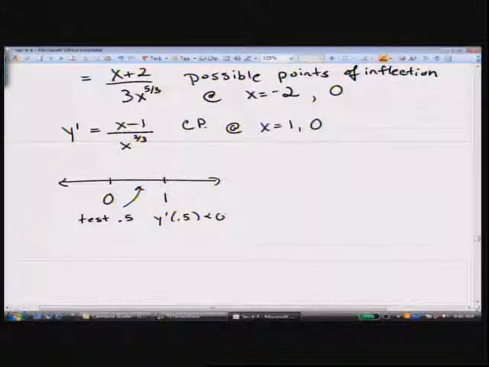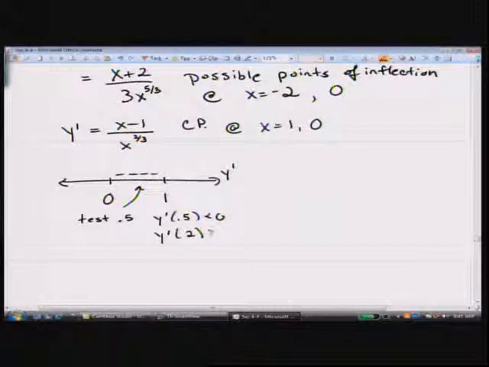It'll be negative because it'll be 0.5 minus 1. And 0.5 to the 2/3 is positive, but 0.5 minus 1 is negative, so you have a negative over a positive. If you pick a value greater than 1, like 2, you're definitely going to have a positive. And if you pick a value to the left of 1, like negative 5, what are you going to have?